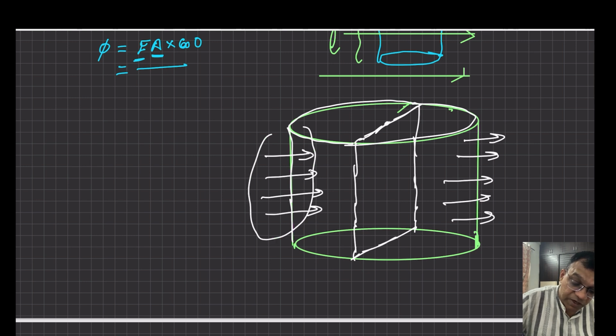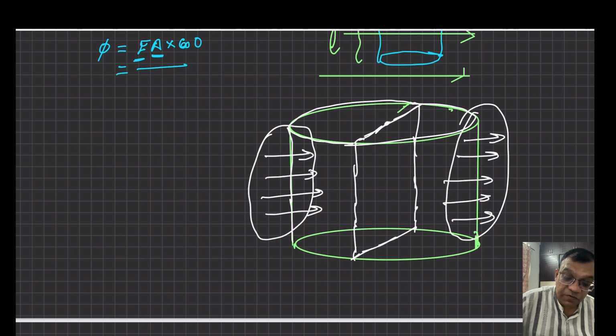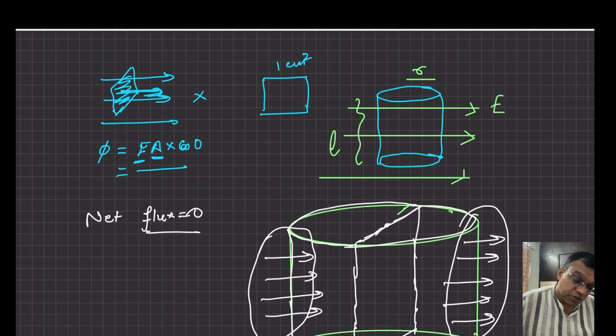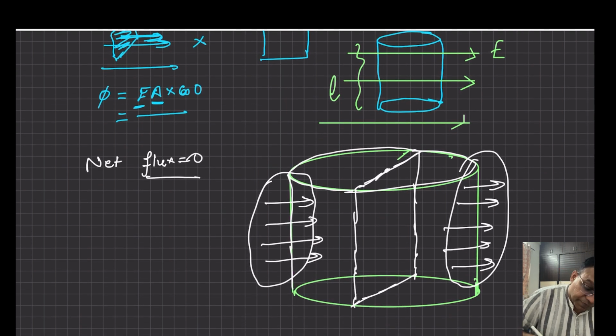Whatever number of field lines entered, the same number of field lines are leaving. So the net flux will become 0, right?